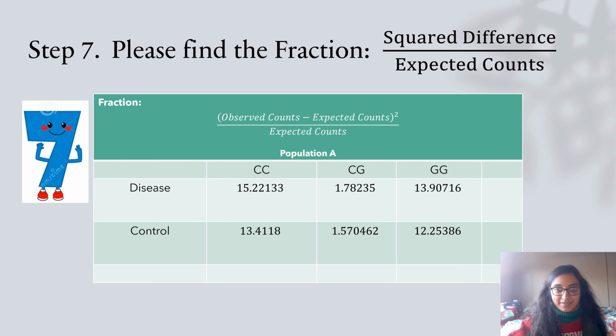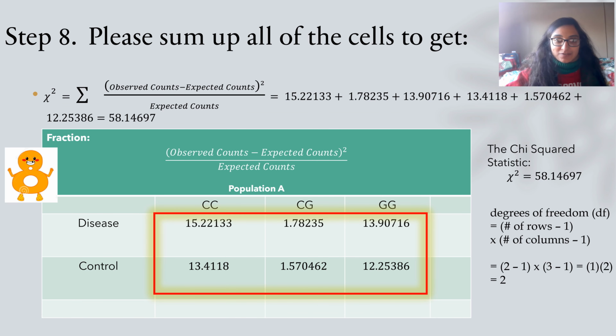This is just a cleaner version of the same thing. I got rid of the math and showed you what these values are after we have done the calculations of observed minus expected count squared, the square difference, divided by the expected counts. In the end, we're going to focus on these values and sum them up together.